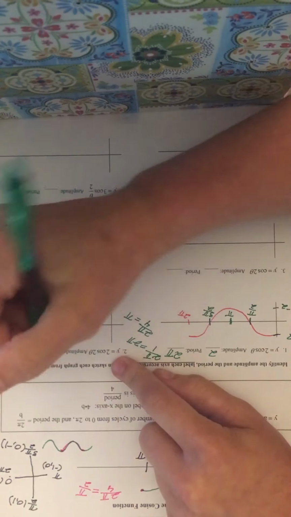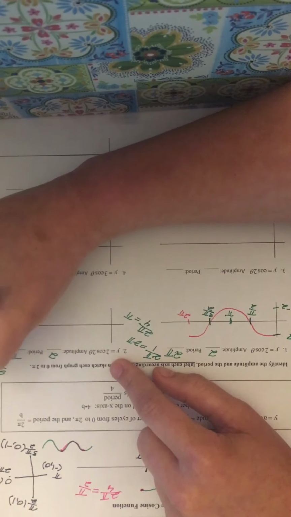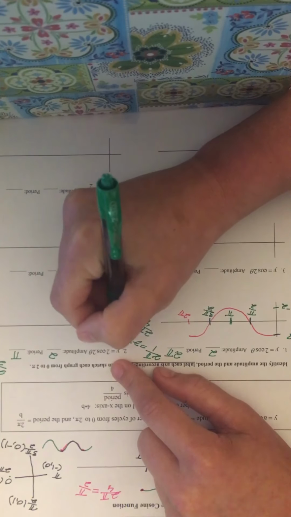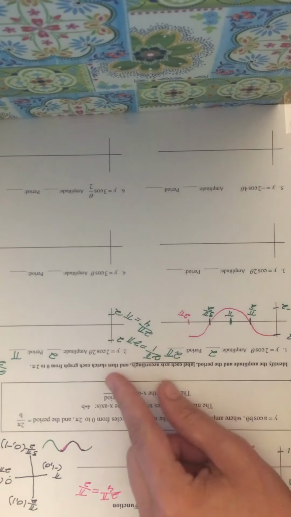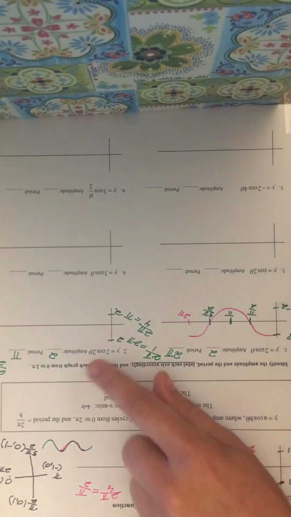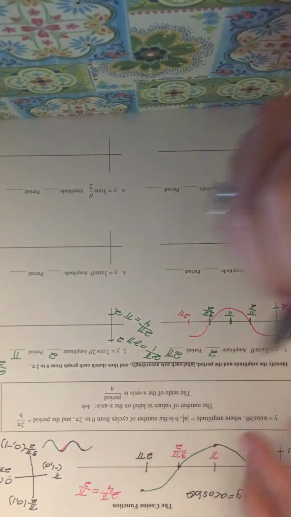On number 2, our amplitude is 2 again, and our period is 2 pi over b, and here b is 2, which means our period is pi. Amplitude is 2. Since our b is 2, that means we're going to have 2 cycles. So this was one cycle, and now we're going to draw this twice.